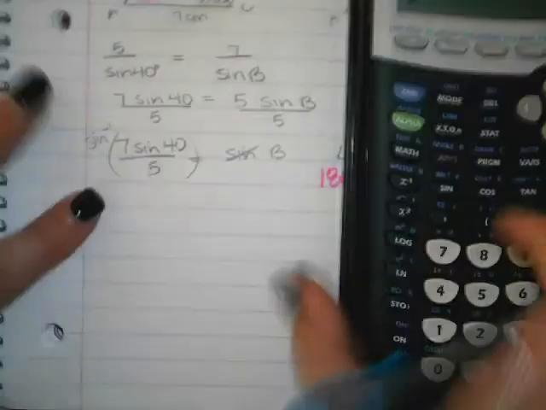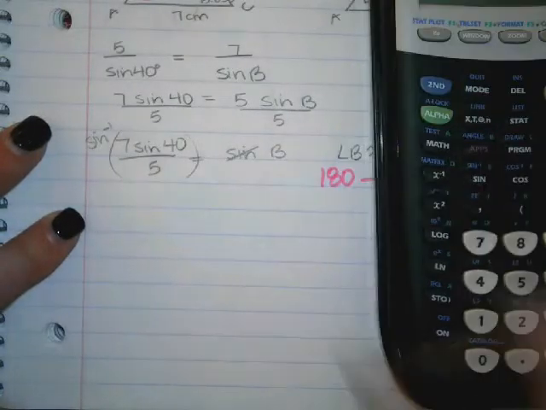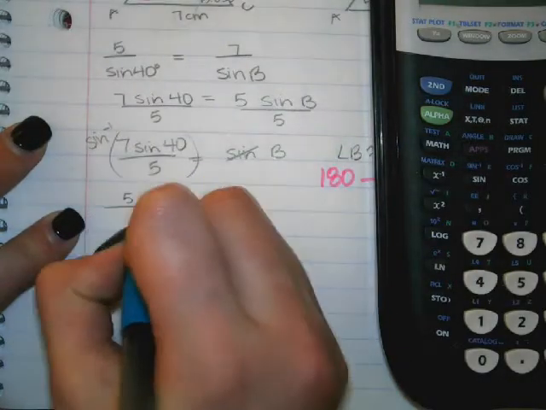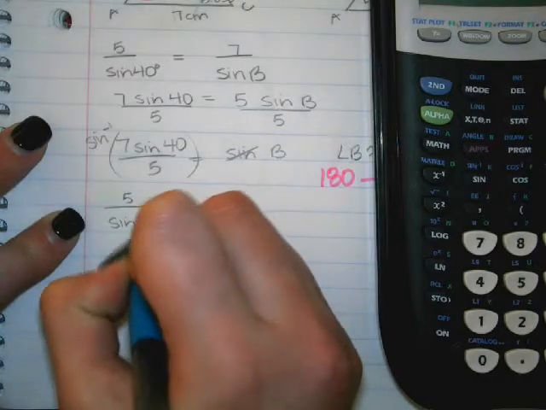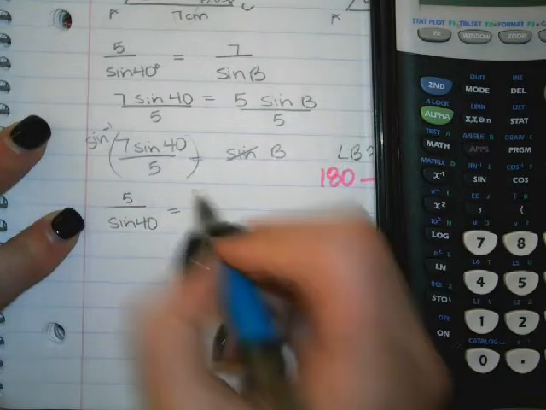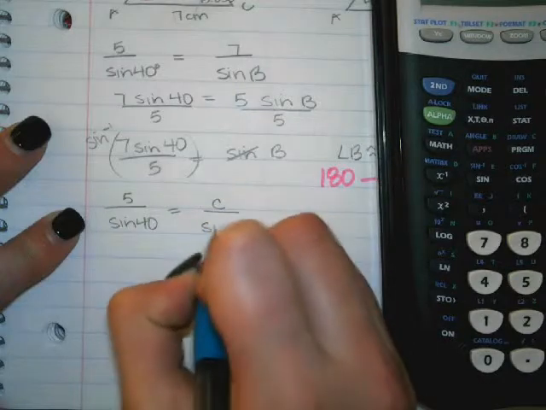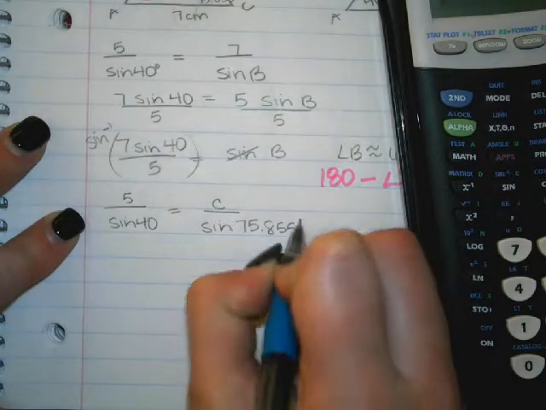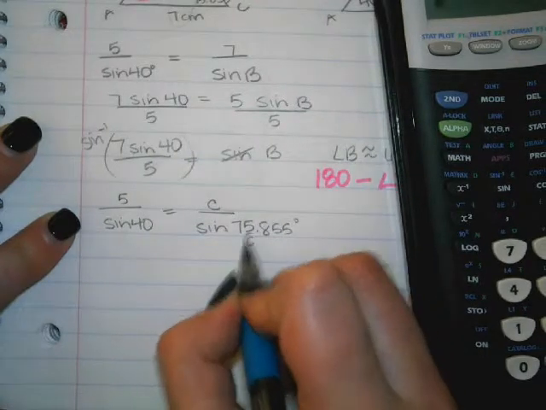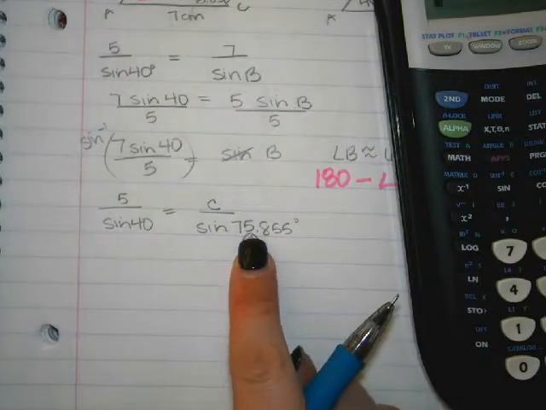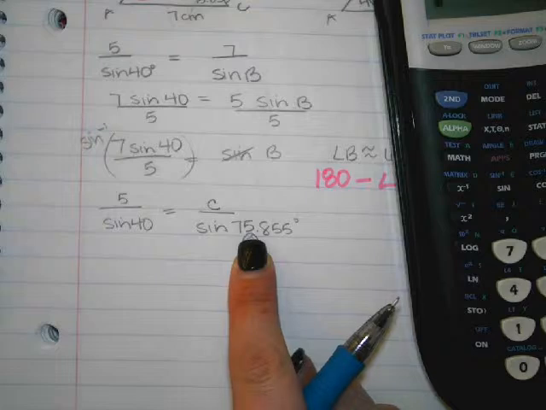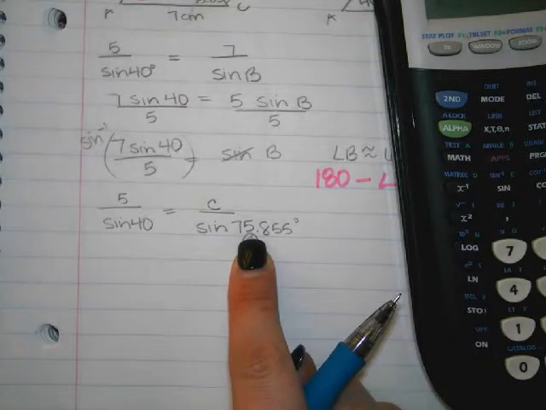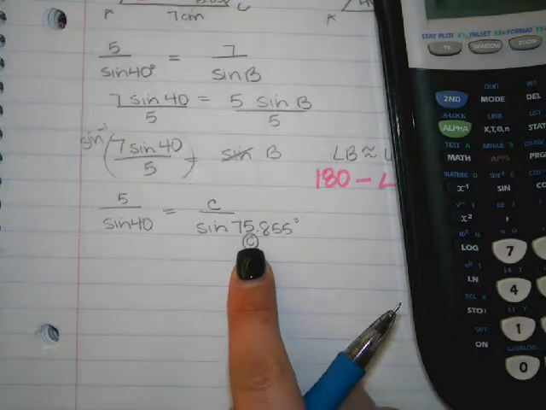Okay, so I'm going to go ahead and write 5 over sine 40 equals C over sine of 75.855. And I'm going to remind myself that's what I stored as angle C. All right.